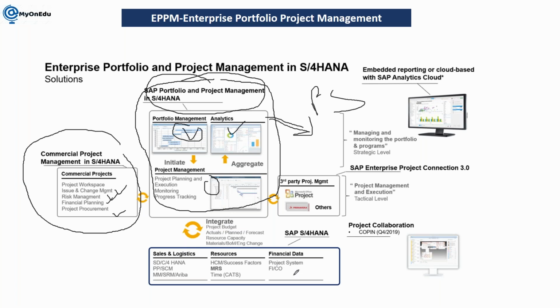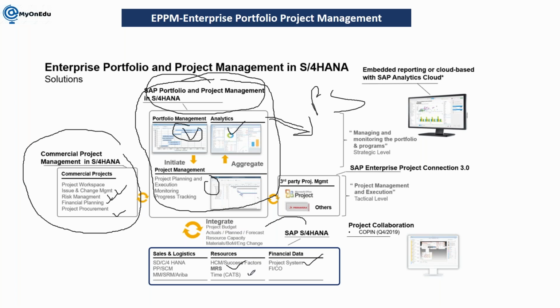And next is your PS system, project system. In project system, which is the core part of your S4 system, it is integrated with other modules like FICO, material management, sales and distribution, HCM, human capital management, and MRS, that is multi-resource scheduling.